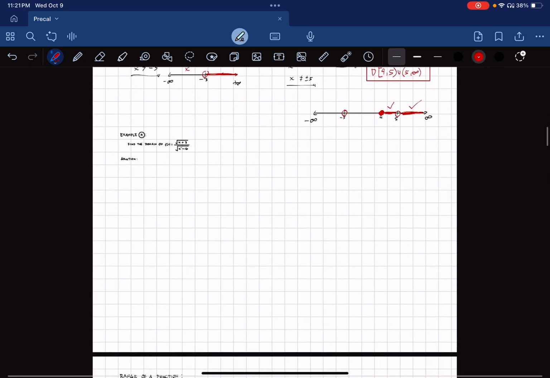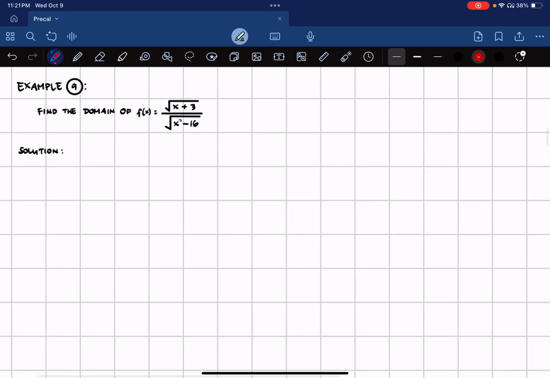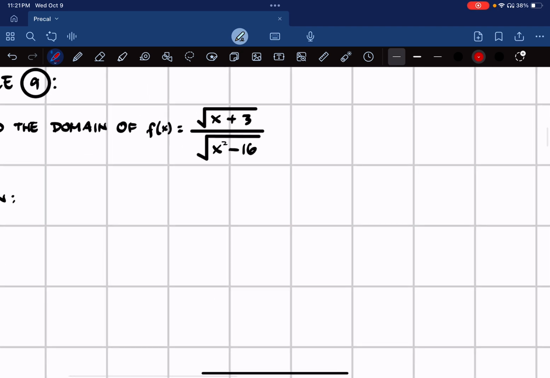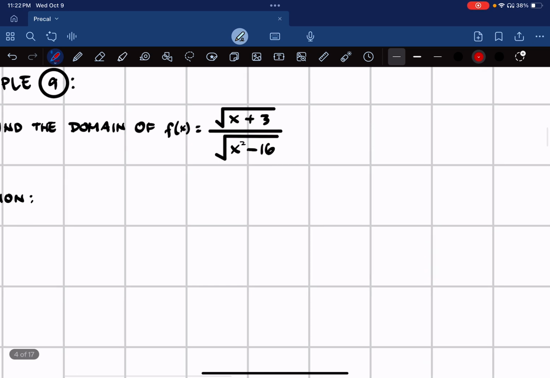And then we have here the last example for finding the domain of functions. This one is the trickiest, since both numerator and denominator are square roots. First, we consider the denominator. So x squared minus 16 must be greater than or equal to 0.